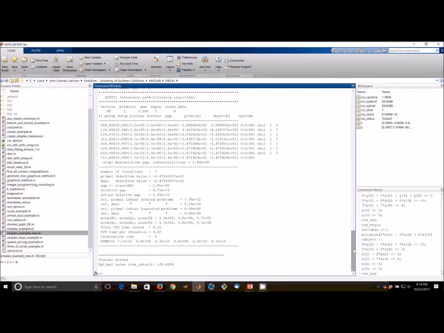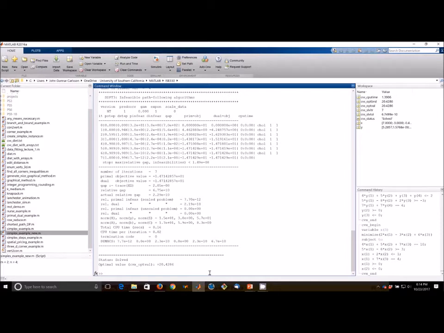So now let's verify here in MATLAB that I could have figured out that objective value without actually solving the problem.